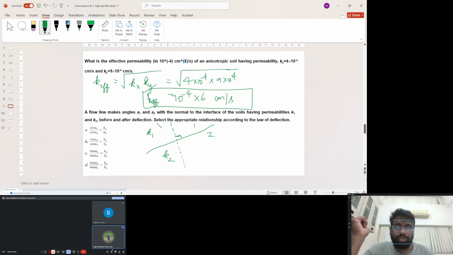Now a flow line is coming like this. And since it is entering into another media having different permeability, it will deflect in some manner. Alright. Now what they are saying, with the normal to the interface, this angle is A1 and this angle is A2.